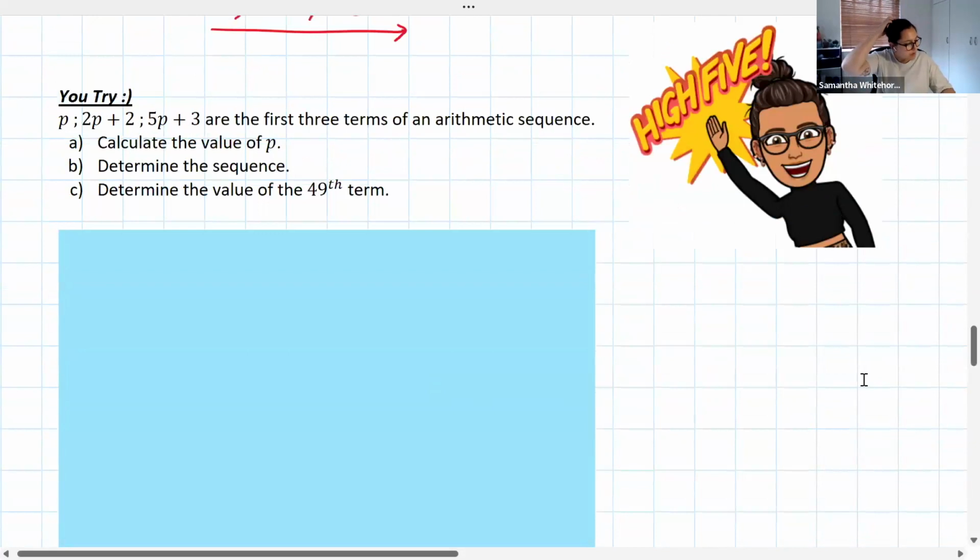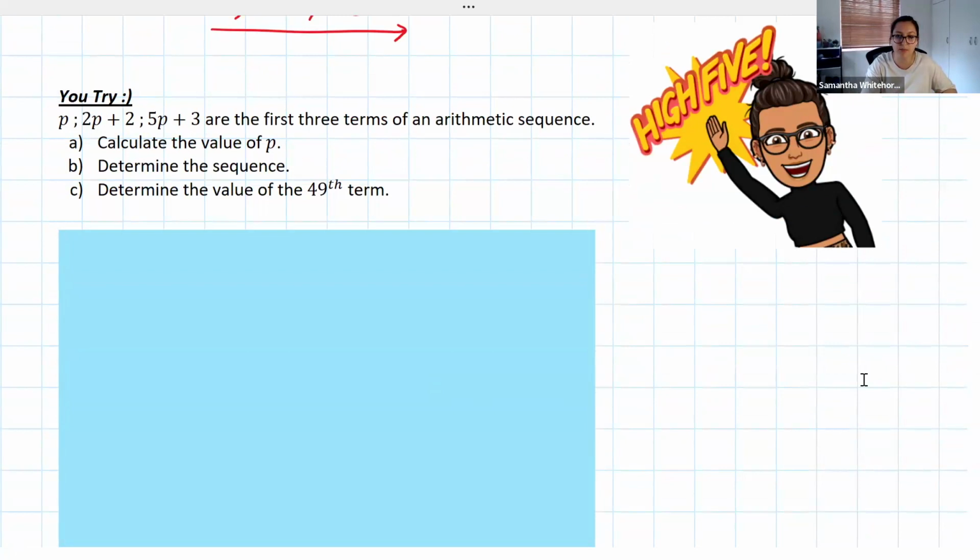We've got p, 2p, 2p plus 2, and 5p plus 3. I want the value of p, the sequence, so just be careful, I want the sequence, and then the value of the 49th term. So I want you guys to give it a try.